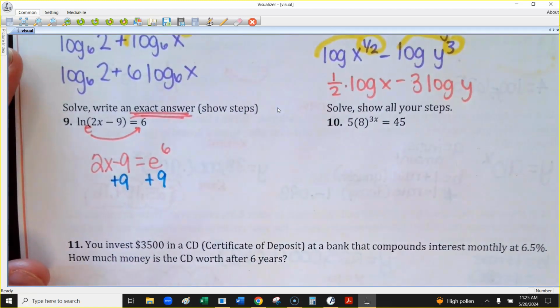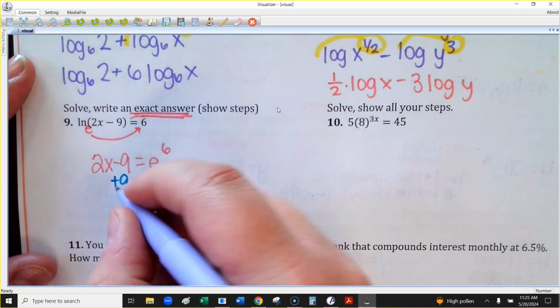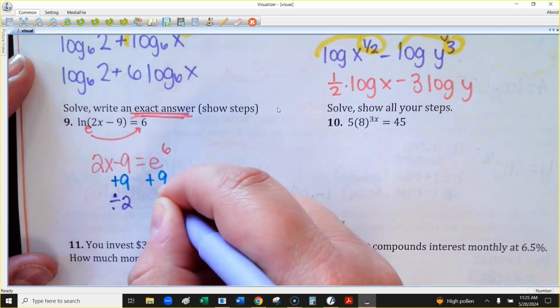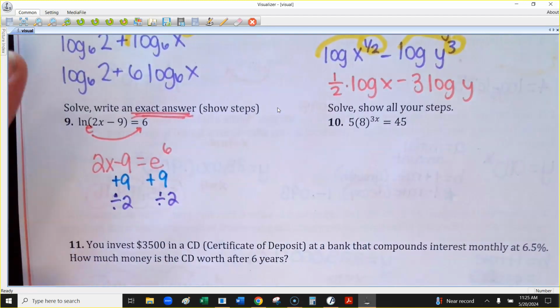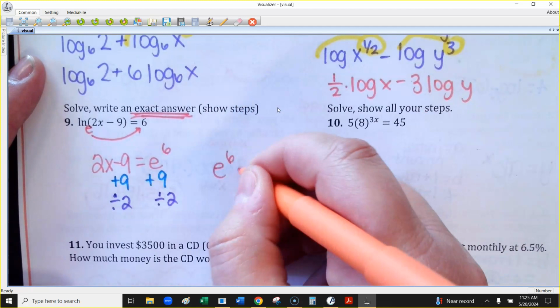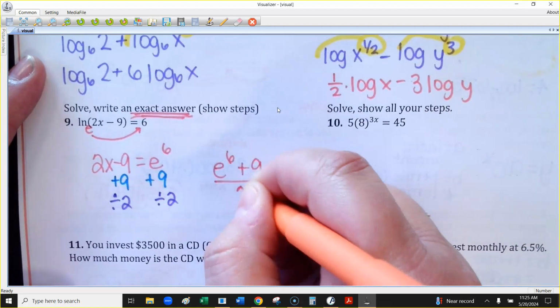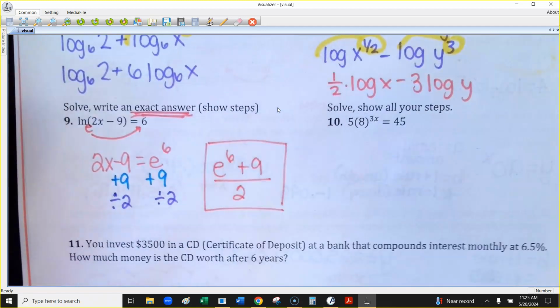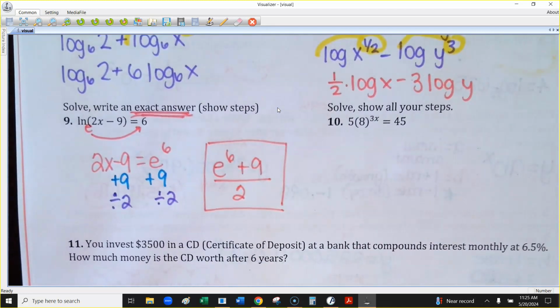You remove the 9, and then I would have to divide by 2. Now, what's going on here is the way they're going to write this. This is e to the 6 plus 9, the whole thing divided by 2. That's how the answer is going to be in the multiple choice options. All right, we'll finish the rest of this when we get back from lunch.